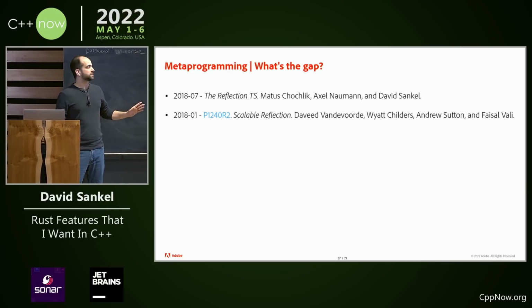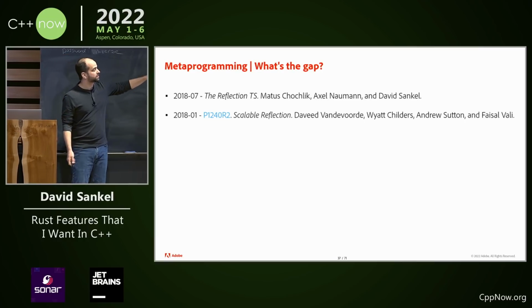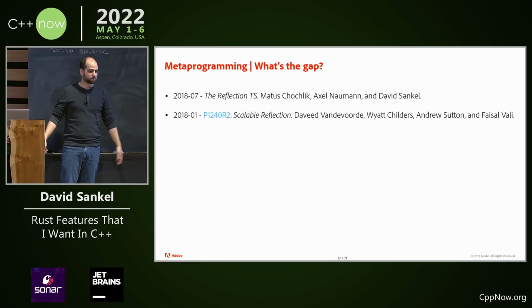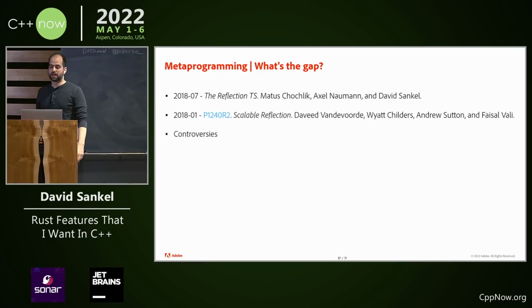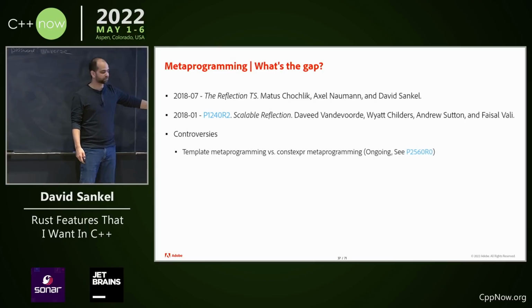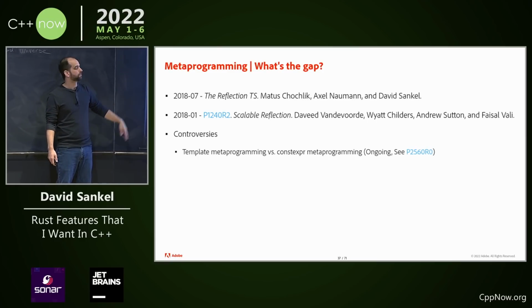The reflection TS was written using template metaprogramming style, a well-understood facility for metaprogramming that everybody hates. This later paper uses constexpr metaprogramming. The problem is that constexpr isn't really feature complete, so we need to add a bunch of features to the language to make that work. So there are controversies around this. There's still an ongoing controversy as to whether we want template metaprogramming or constexpr metaprogramming for reflection.